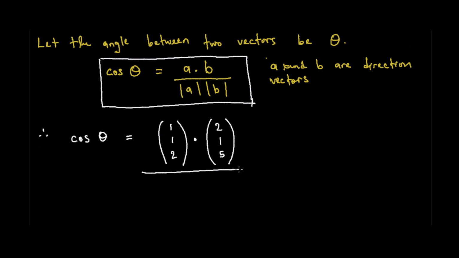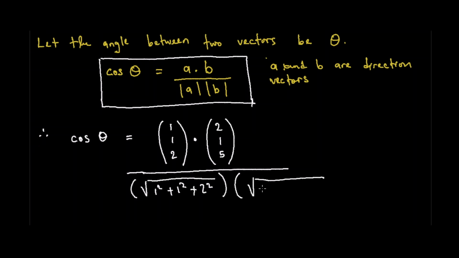This is over, we know that the modulus or the magnitude or the size of a is simply the square root of all the elements inside a: 1 squared plus 1 squared plus 2 squared, and this is multiplying the square root of 2 squared plus 1 squared plus 5 squared, like this.